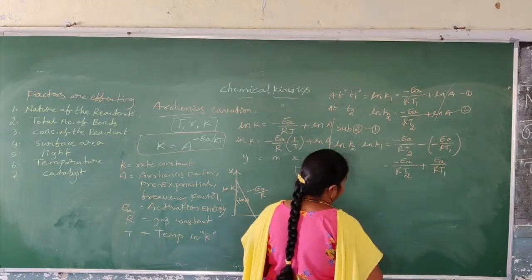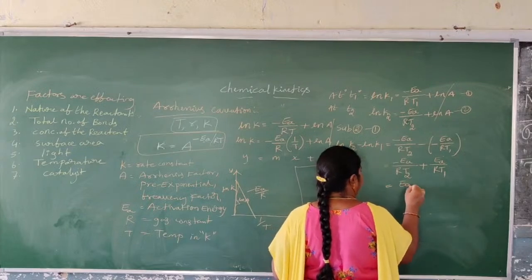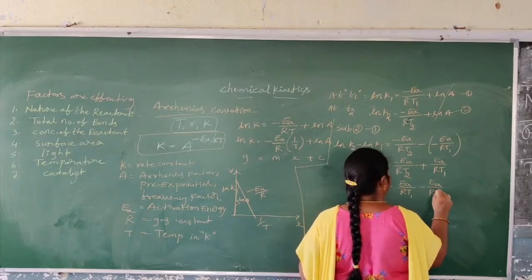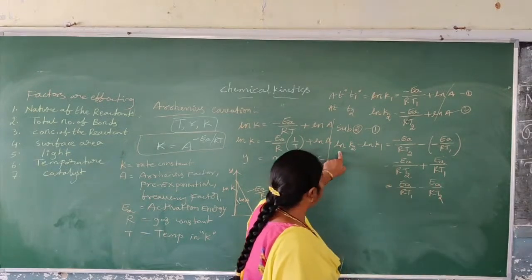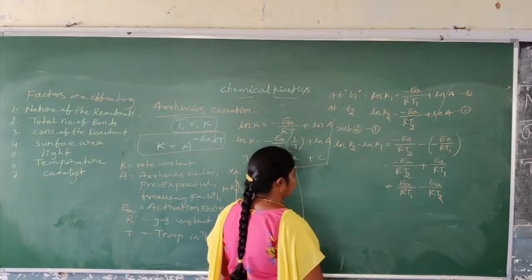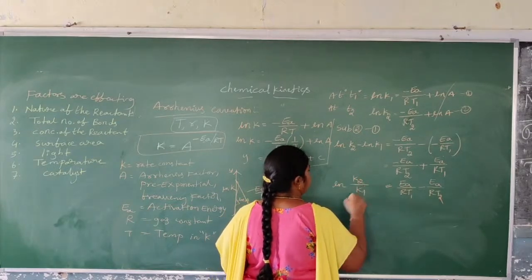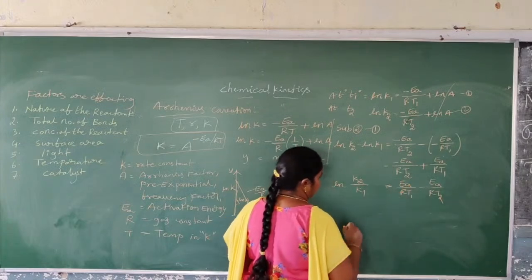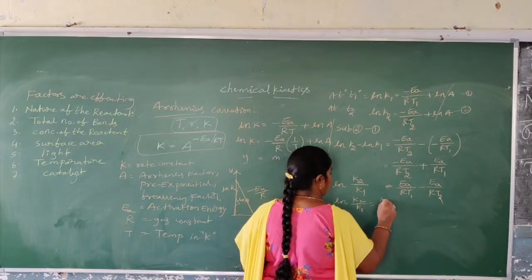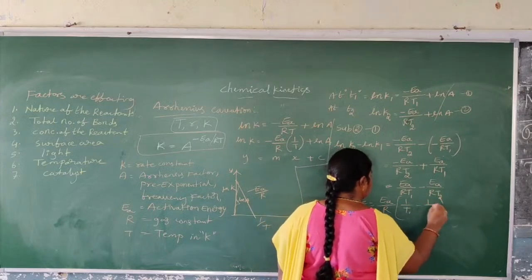Since log A minus log B is log A by B, ln K2 by K1 equals EA by R times (1 by T1 minus 1 by T2).